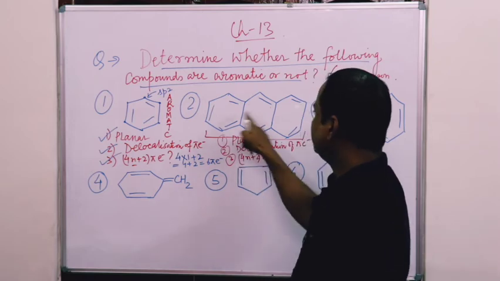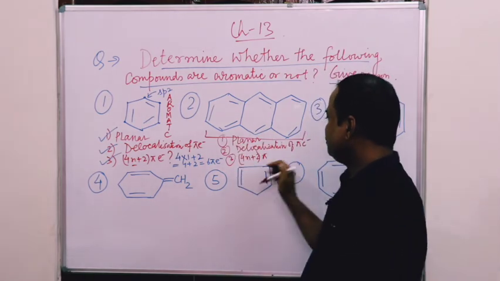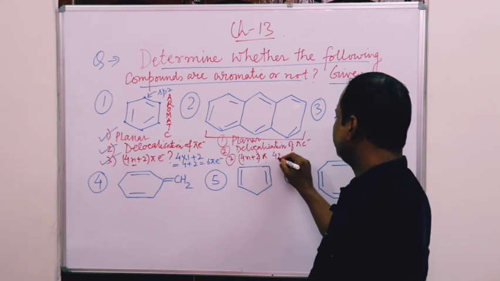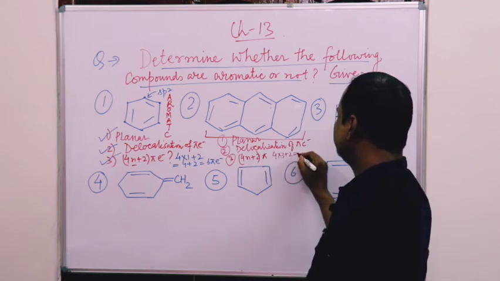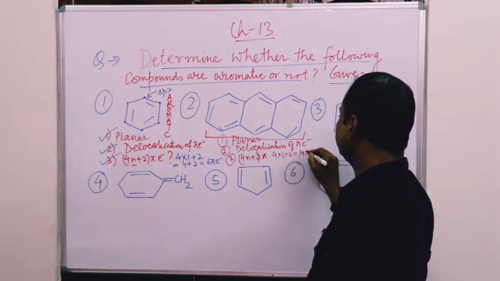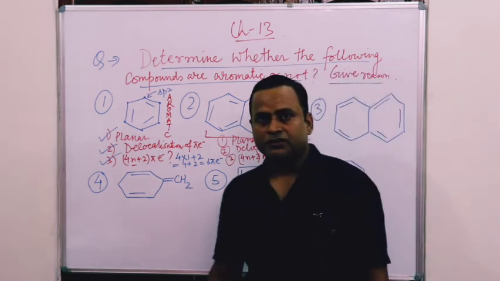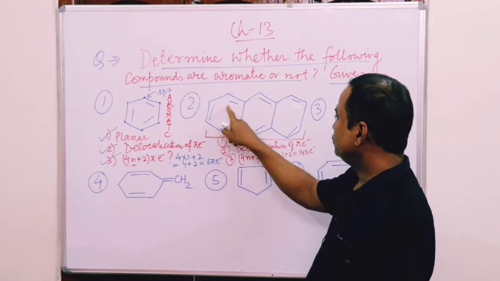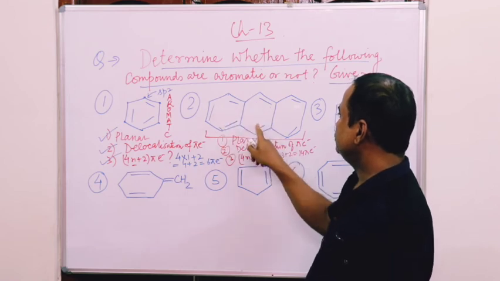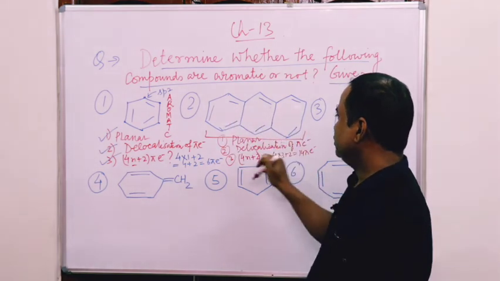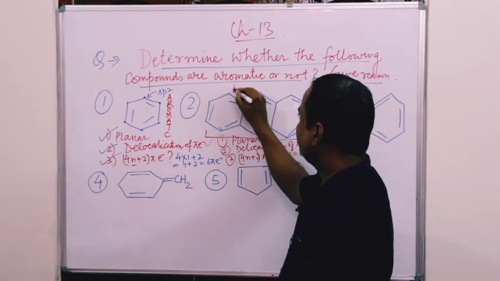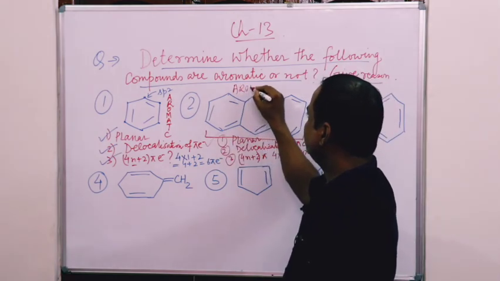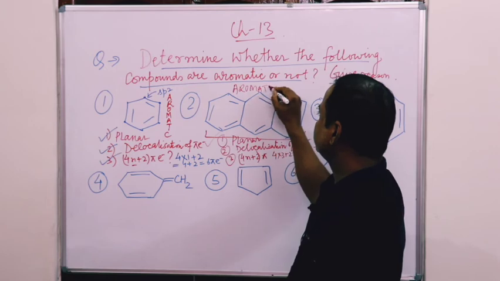Here there are 3 rings, so if we put n equal to 3, 4 into 3 is 12 plus 2, 14 pi electrons should be there. If it is there, then obviously it will be aromatic. So let us check: 2, 4, 6, 8, 10, 12, 14. So this is also aromatic as it is satisfying all the 3 conditions.